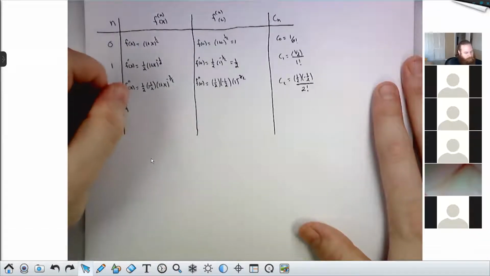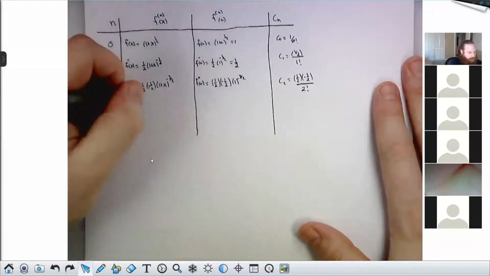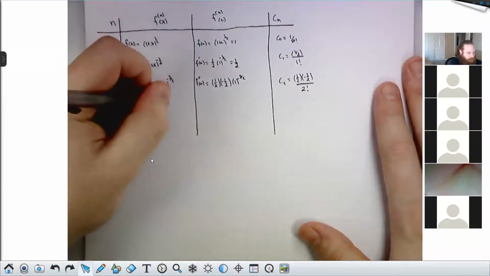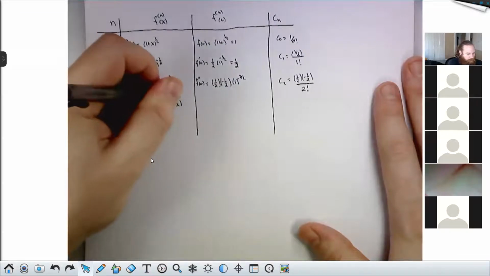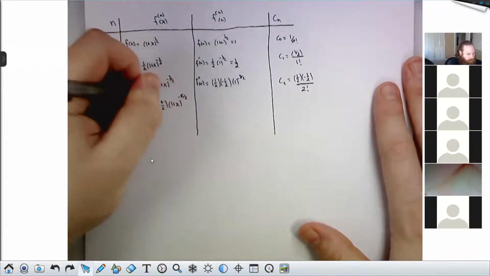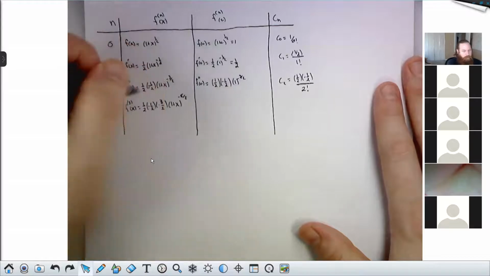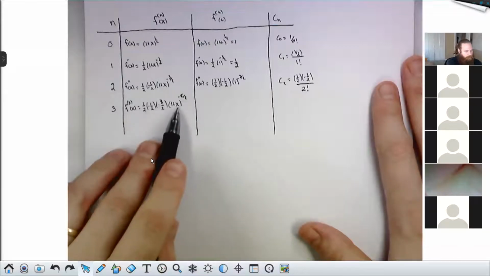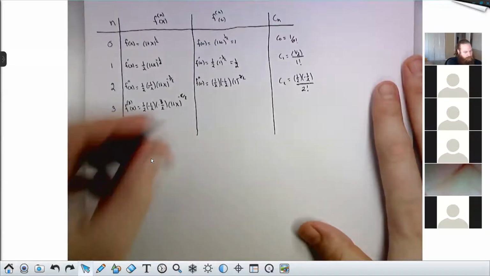The third derivative, I differentiate again, is 1/2 times -1/2 times -3/2 times 1 plus x to the 5 halves. And when you plug in x equals 0, this piece will become 1 to the negative 5 halves.